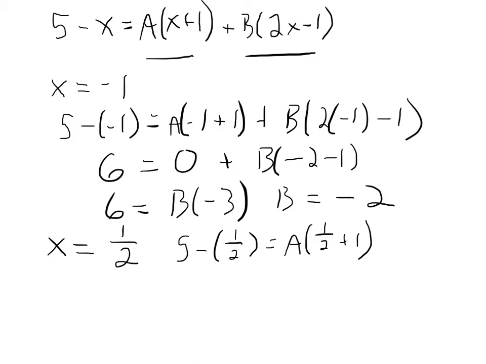So the B part's going to be equal to 0, so I'm just going to write the 0 right there. So then we're going to have 5 minus 1/2, which can be converted to 9 over 2, which equals A times (1/2 plus 1), which can be converted to 3 over 2. So you solve that out, and you're going to get A equals 3.